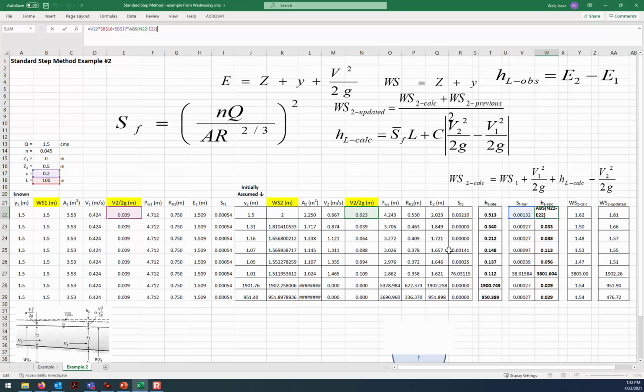If anybody sees the issue, I'd be delighted to have you tell me. Sometimes when you're standing in the forest, you can't see the trees. The S sub F. Oh yeah, look at that. Yeah, it's definitely the S sub F. So it must be that I didn't anchor something there.